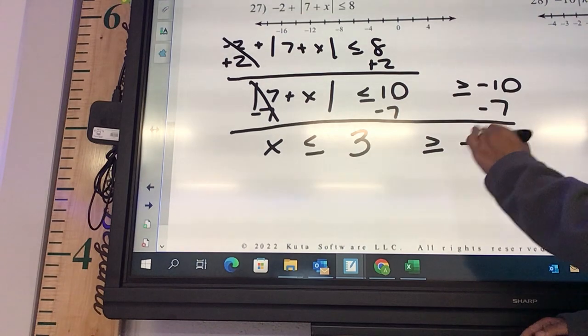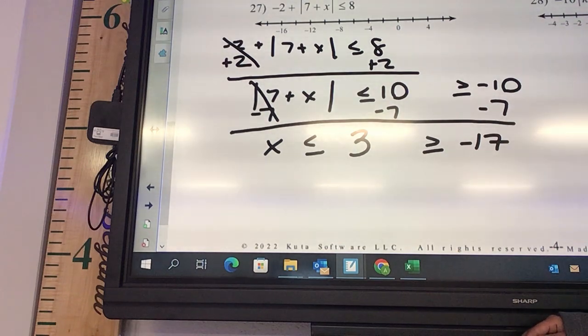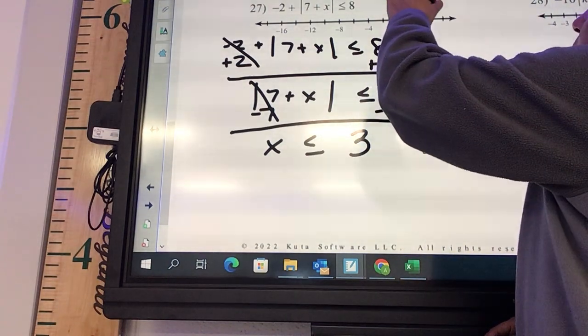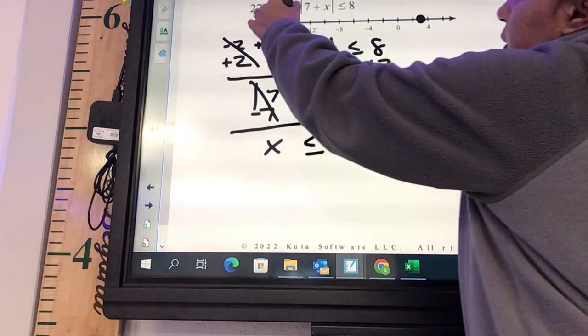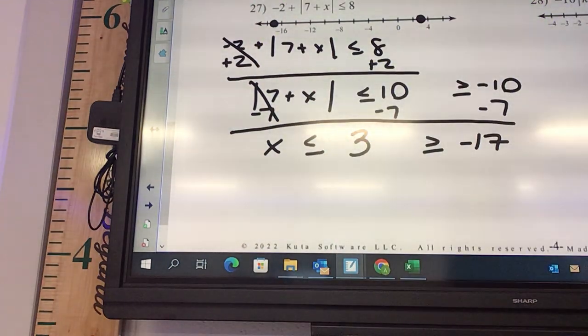Negative 17. Okay, should they both be open or closed? Closed. Okay, so this is going to be 3, negative 17. Are they going to be pointed in or out? In.